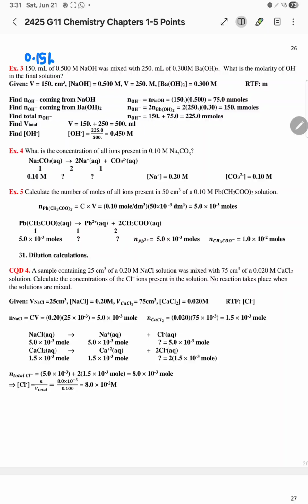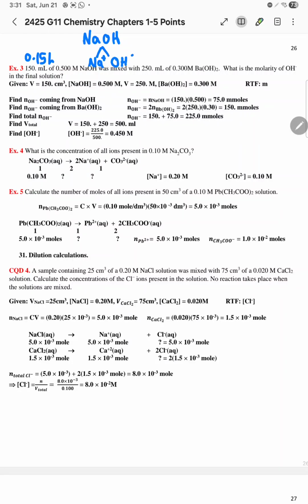So now we need to find the concentration of the OH from NaOH. And we know that NaOH dissociates to form Na plus and OH minus.